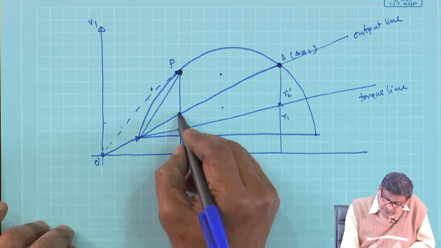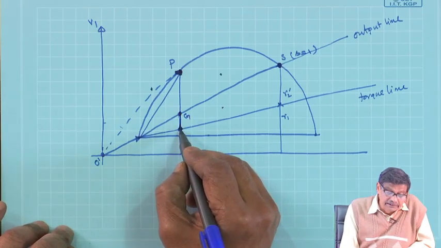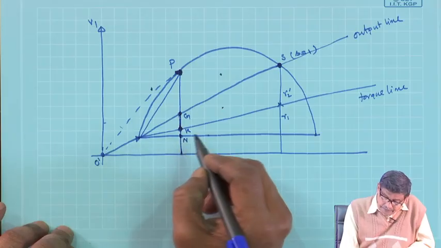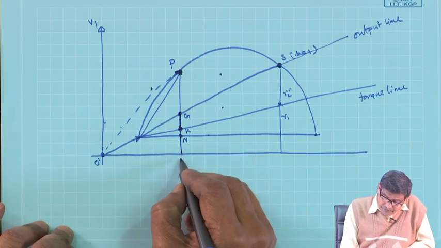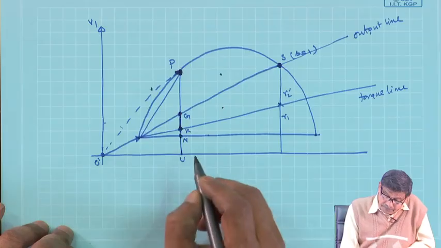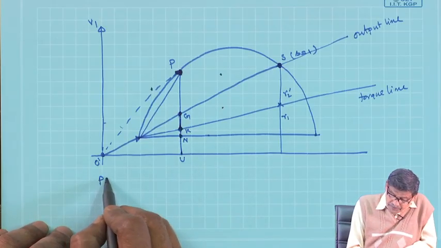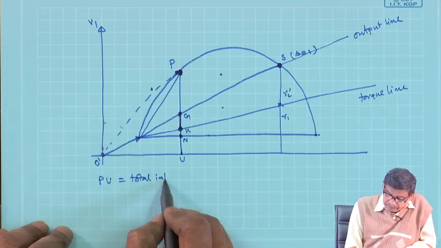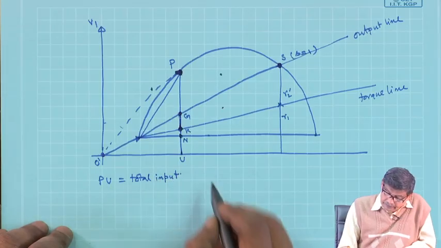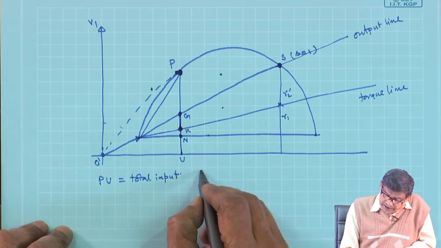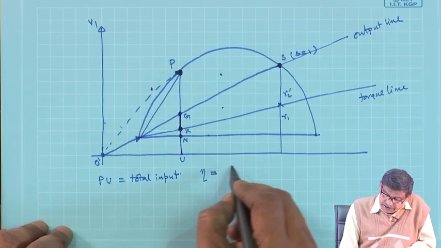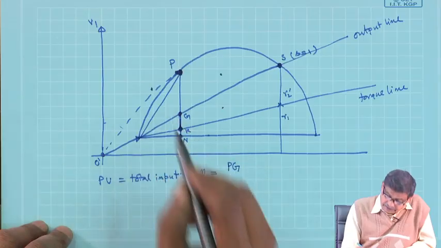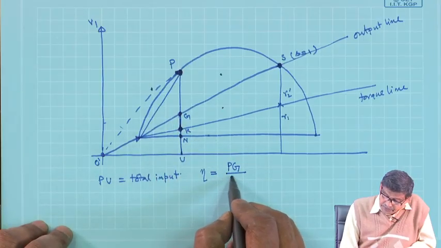These are named like this, G in our earlier diagram, also N, and let this be called U. So, P U is the total input. And as I was telling, efficiency of the machine will be output power, that is P g, divided by P u.